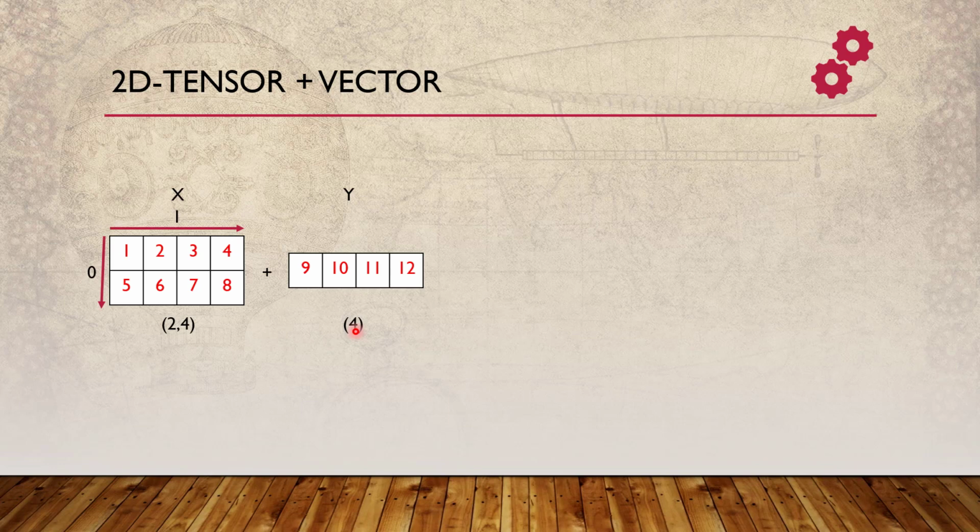So in the broadcasting tuple we need to give this dimension number where x is matching with y. So we will be giving 1, because for x the dimension 1 has these 4 elements which match the 4 of y, right?